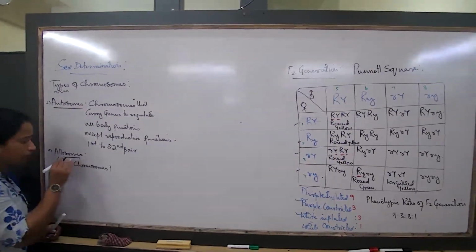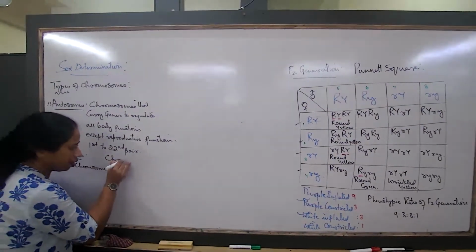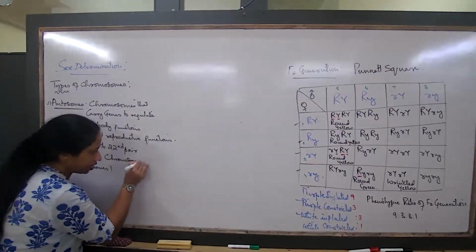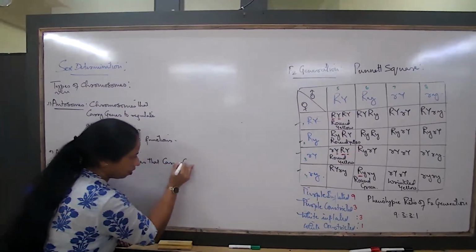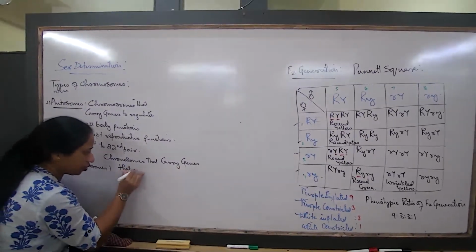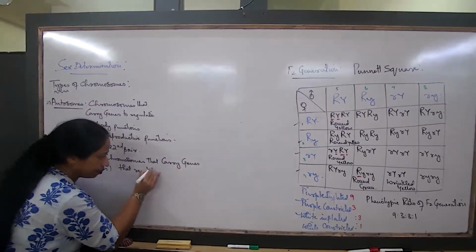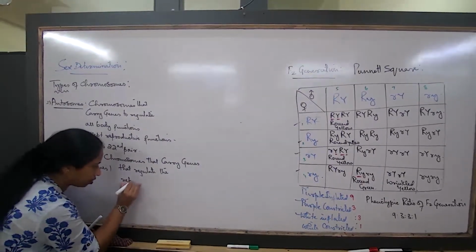What are allosomes? Allosomes are chromosomes that carry genes that regulate all the reproductive functions.